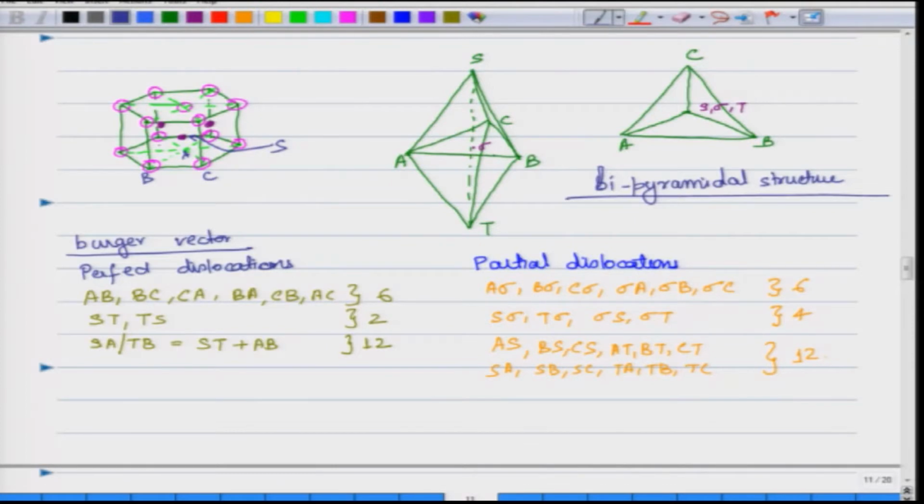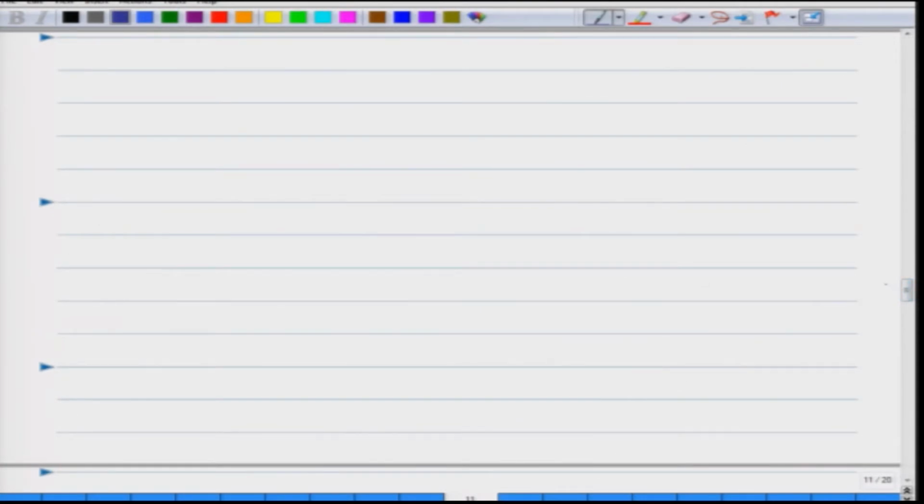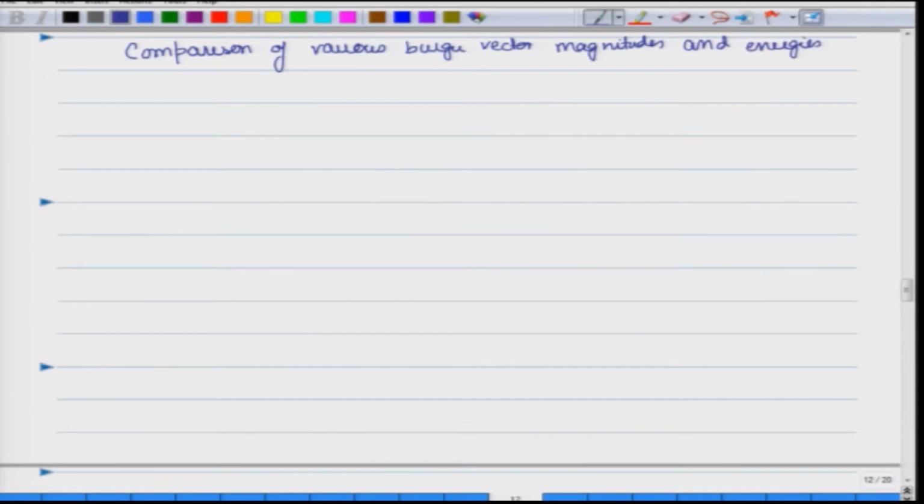Now that we have mentioned the Burgers vectors here, it is also imperative that we compare their magnitude and their energy. So, let me put a comparison of various vector magnitudes and their energy, because energies are what will tell us which one is more preferred.